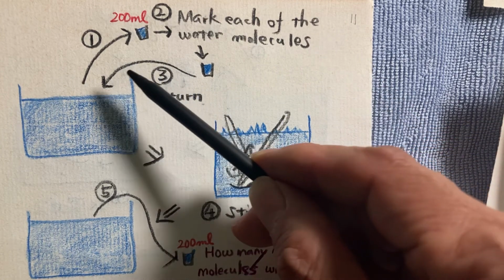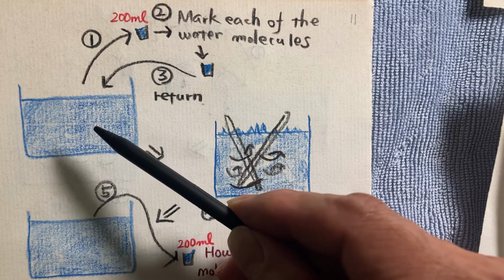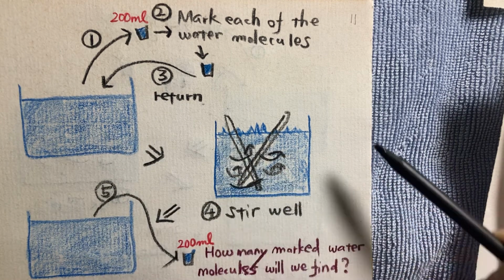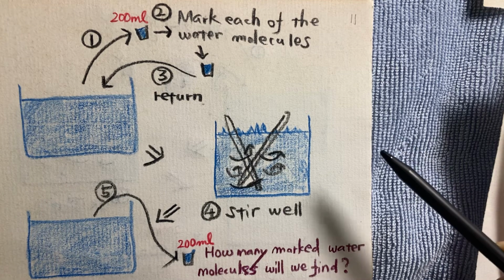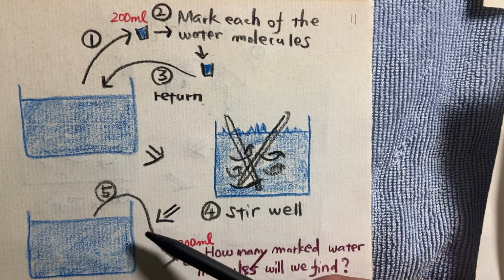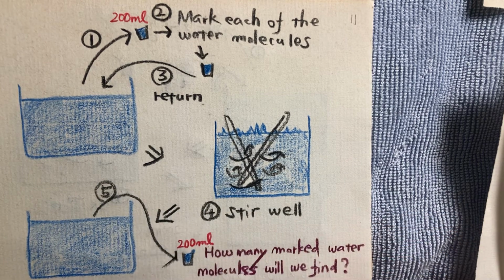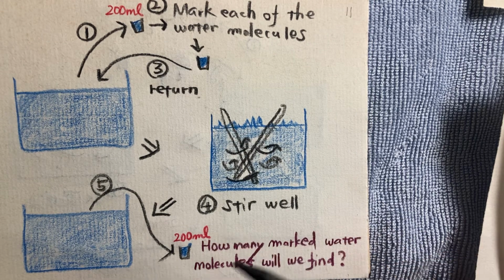Then return the marked water to the container and stir well to make the distribution even. And then take out another 200 milliliter glass of water. How many marked water molecules will we find?